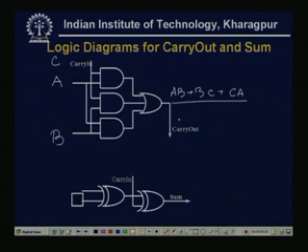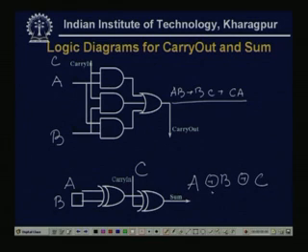So, this is the simple logic diagram. Similarly, the sum is nothing but A XOR B XOR C for the full adder. So, if this is my A and this is my B, two inputs, this is my carry in C, then the sum is A XOR B XOR C. So, these are the logic diagrams.